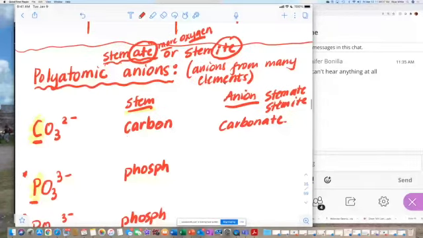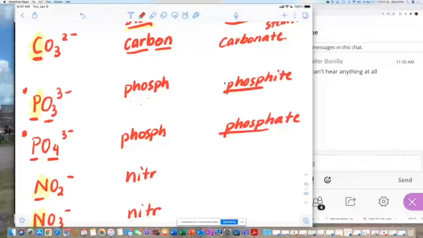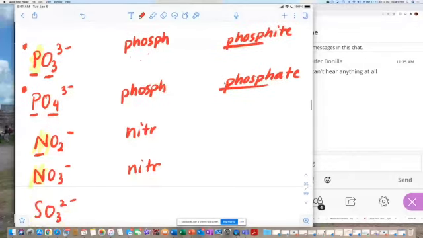And we have two phos here, right? We have the phos on the bottom that has more oxygen, and that will be phosphate. You add the ATE to the phos. The top one will be phosphite. Looking at this, this has more oxygen than that, so this would be nitrate.